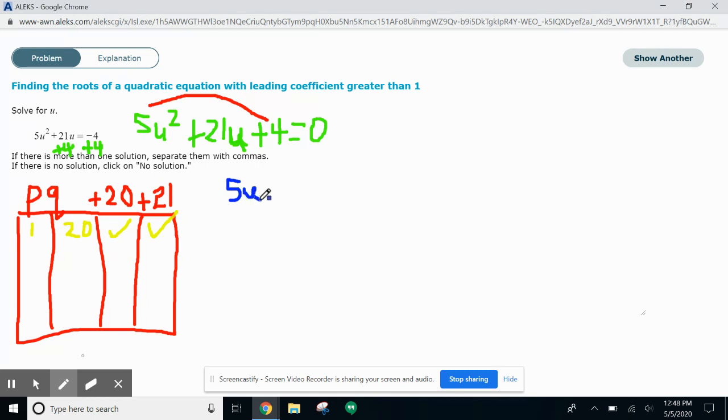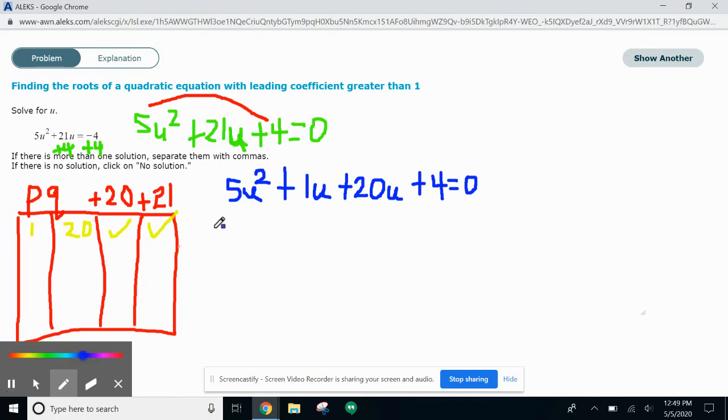I'm going to try to go slow and take my time writing this out, so I'll pause. All right, so I've rewritten out my equation here. 5u squared, the plus 4, and now my two middle terms are 1u and 20u. So from here, I'm going to group them together, and I'm going to use this light blue. Group these together, and out of this one, what can I take?